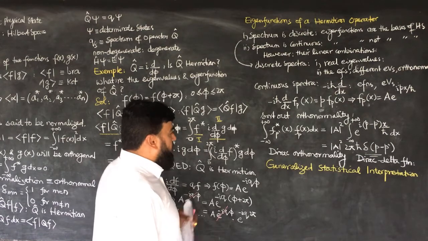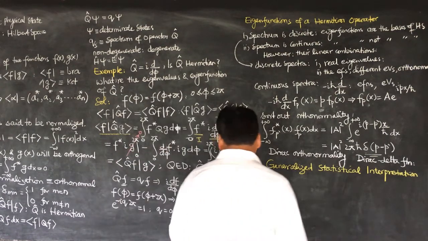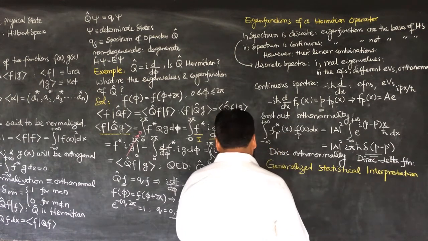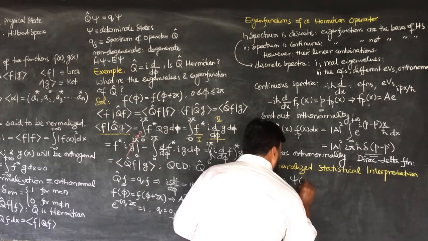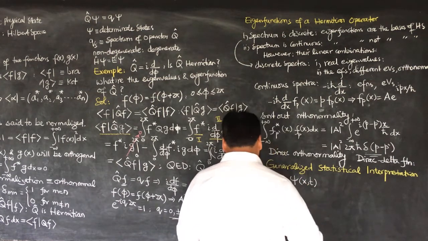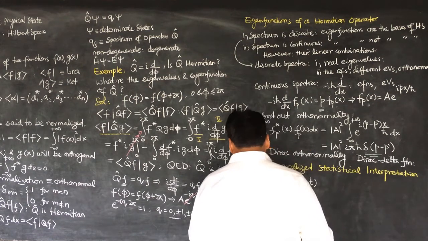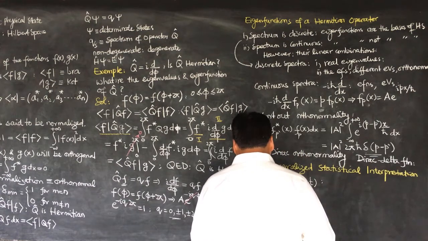Very briefly, we can discuss it: if we measure an observable Q on psi(x, t), then we will get the eigenvalues of this Q operator.